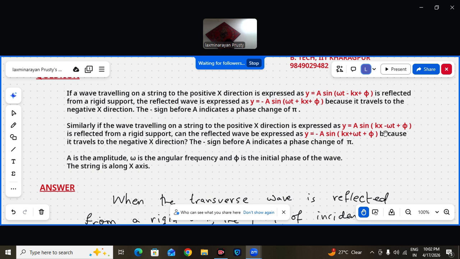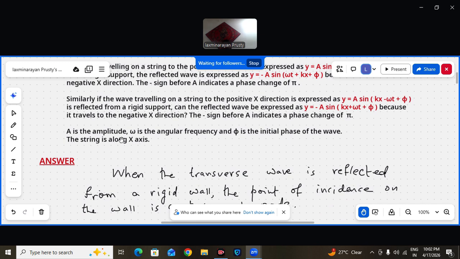I will make it plus: kx plus omega t plus phi, and because this is a rigid reflecting surface, I put a phase change of pi, so minus. So y is equal to minus a sine kx plus omega t plus phi. Can I write like that? That's what I'm asking. The negative sign before a indicates a phase change of pi.